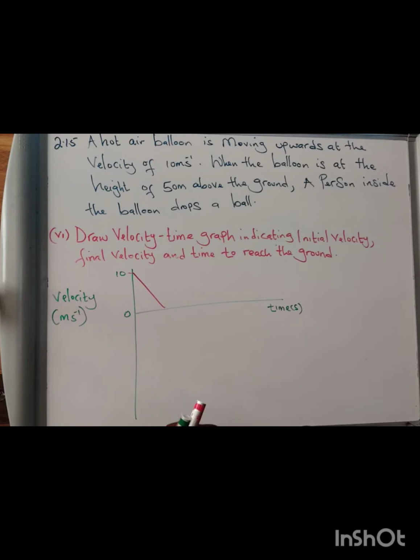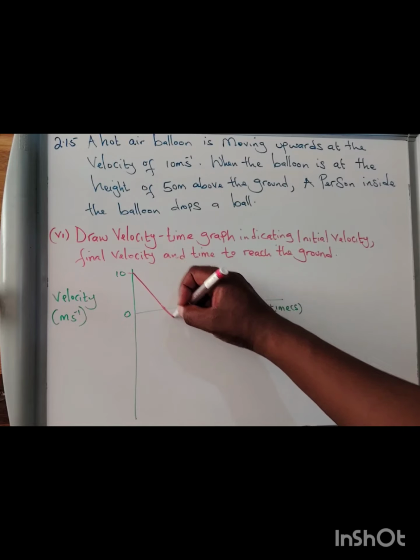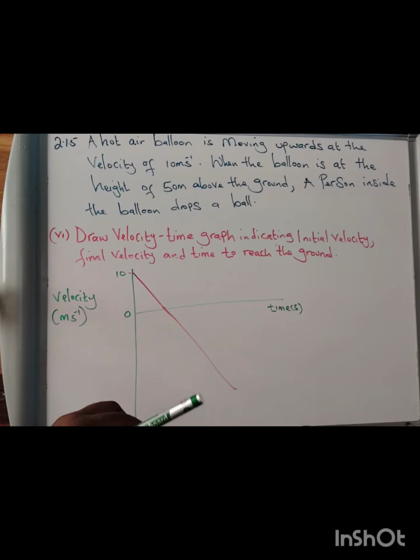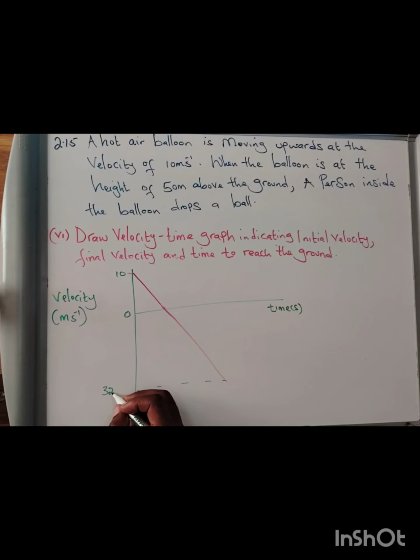So when it reaches maximum height, it changes direction and continues to go downwards, striking the ground at a velocity of 32.86 meters per second. So what is missing?